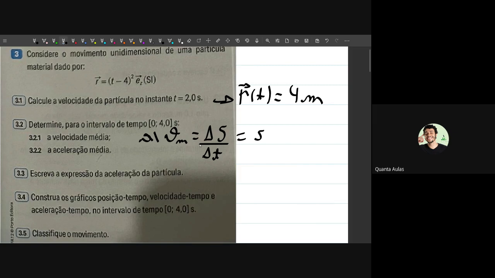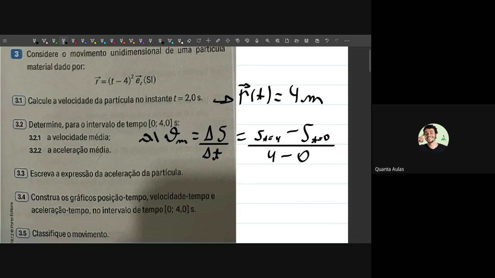So we need to put here s at instant t equals 4 minus s, the position, at t equals 0. So here we can put 4 minus 0.